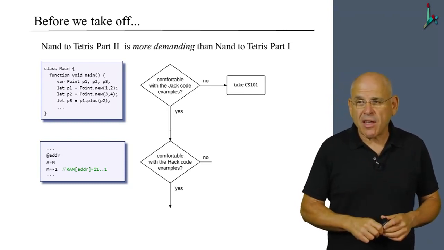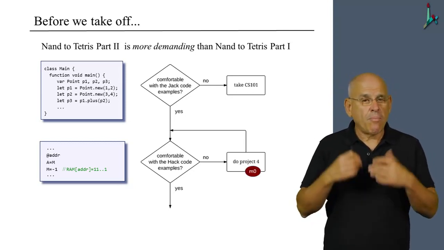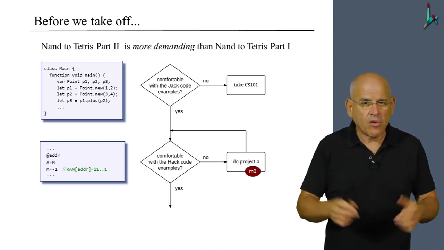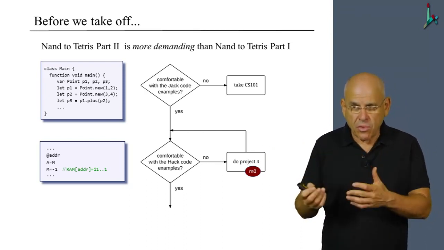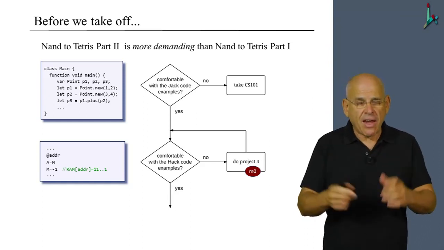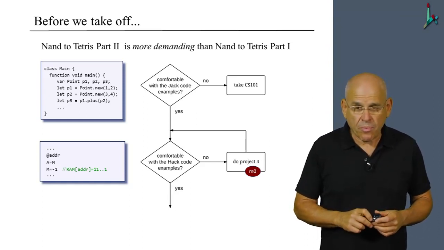What is the meaning of this operation? If the answer is no, then I request that you go back to the machine language primer, learn what you need from there according to my guidelines, and do project 4. Do this project, submit it, get a grade on it, and then come back to continue to work on NAND to Tetris Part 2.